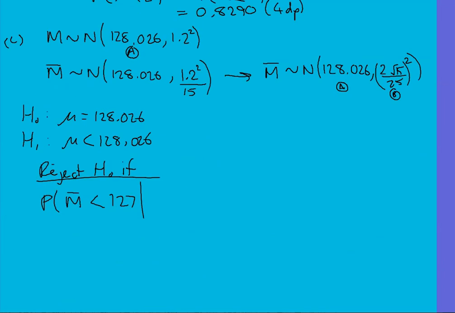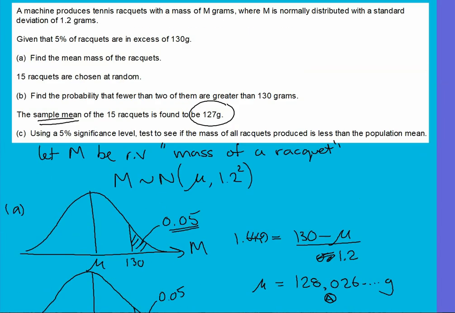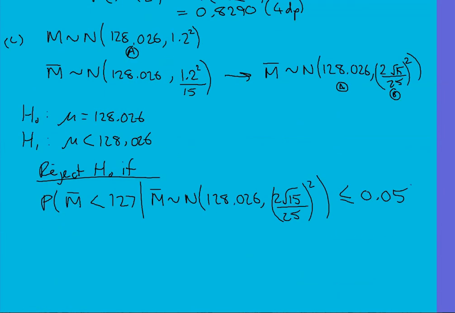So is this result for this model less than or equal to 0.05? Just check that again. Yeah, 5% significance level. So we've just got to work that out now.